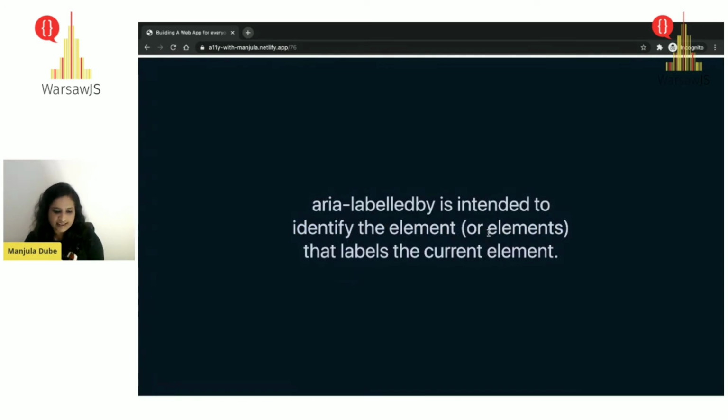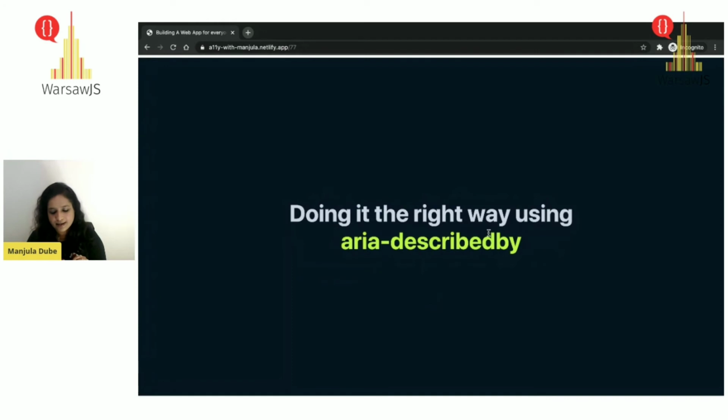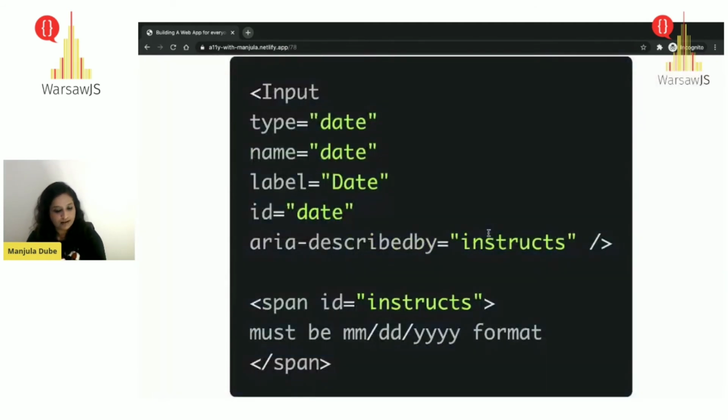So what is aria-labelledby intended to do? It is intended to identify the element that labels the current element, right? And what we did here is we did not override the label, but basically provided more information about the label. So in this case, doing it via aria-describedby would be more appropriate, rather than doing it with aria-labelledby. Aria-describedby works in the same way.